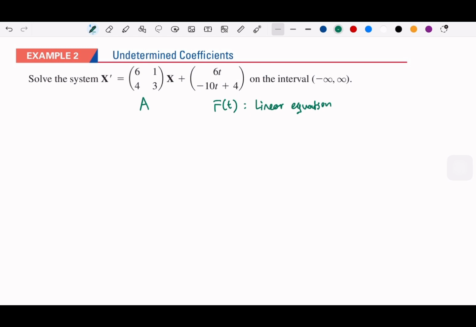Okay, as usual, we start with solving the homogeneous. So finding the determinant.